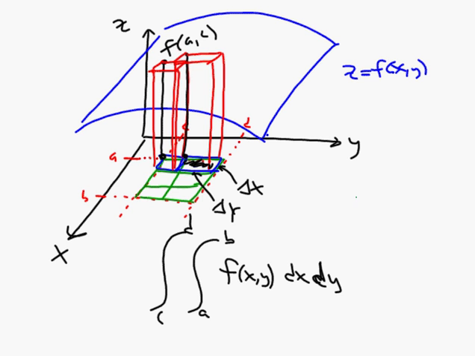We can say it's the sum of f of x comma y times delta x for all the xi, and then add that from i equals 1 to n, and then some other i equals 1 to m, delta yi. And then that turns into this double integral. You're adding up many, many, many rectangular prisms until you get the exact volume.